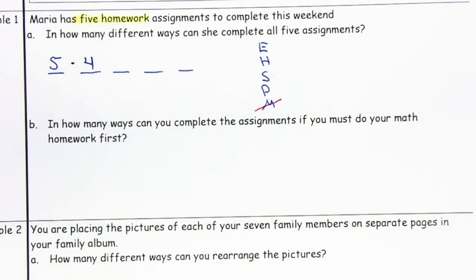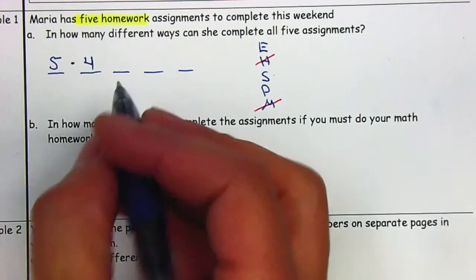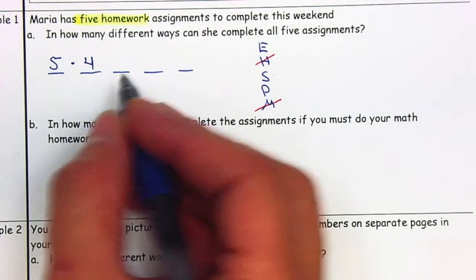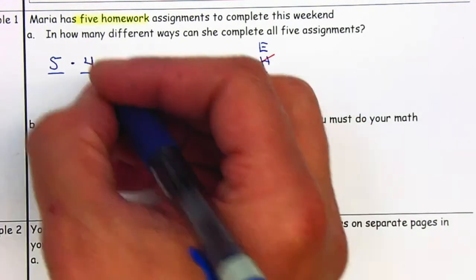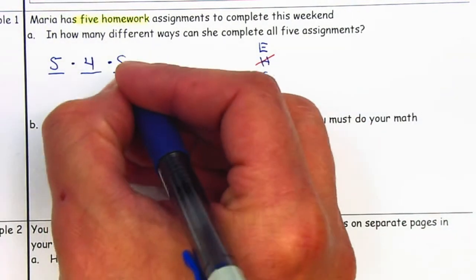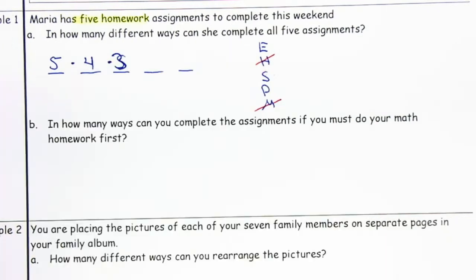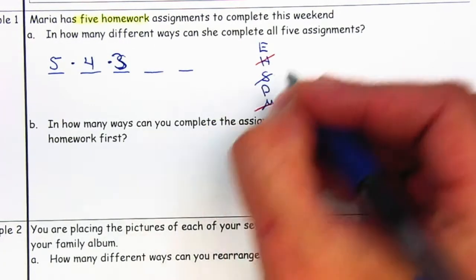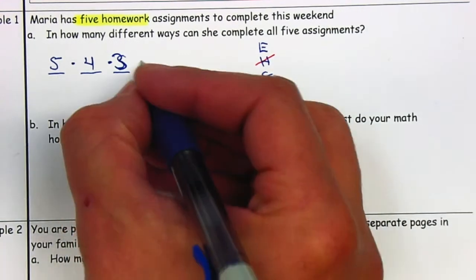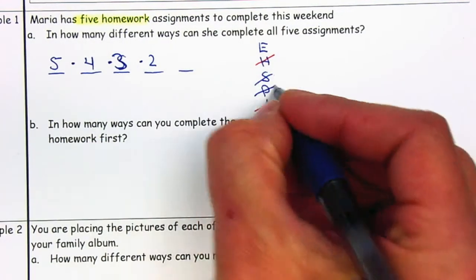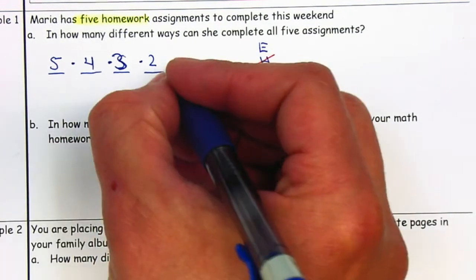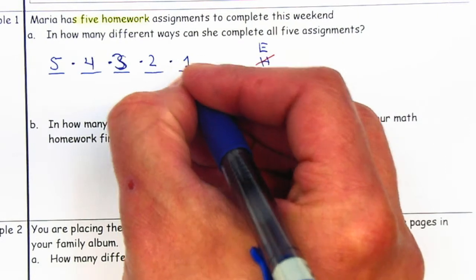So let's say you did your history next. How many subjects are available for the next part? We have 3. Let's say you do your Spanish next. And for the next part, we have 2 subjects available. Your physics. And last, you only have 1 available, which is 1.